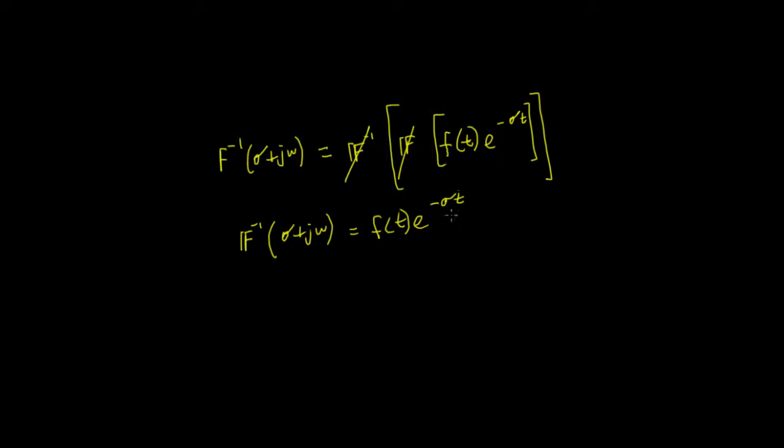Now we'll take the e to the minus sigma t over and write it with f of t, so f of t equals e to the sigma t times the inverse transform of F of sigma plus j omega.